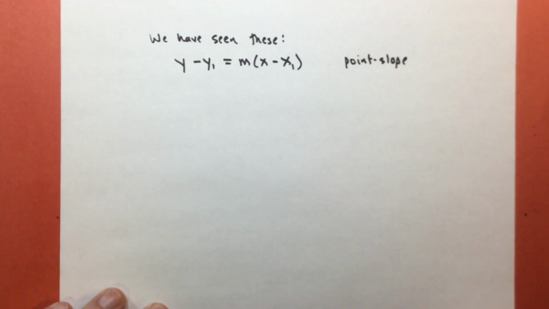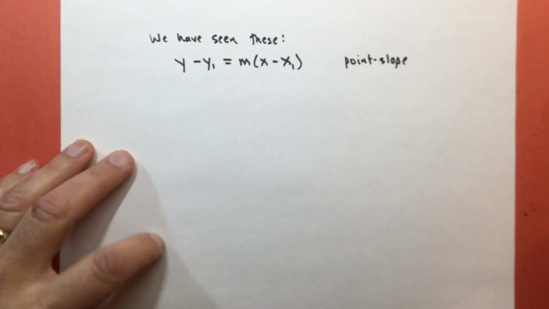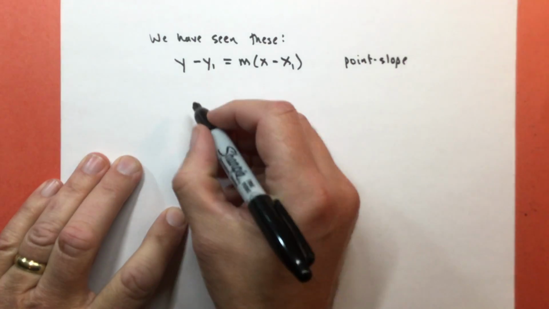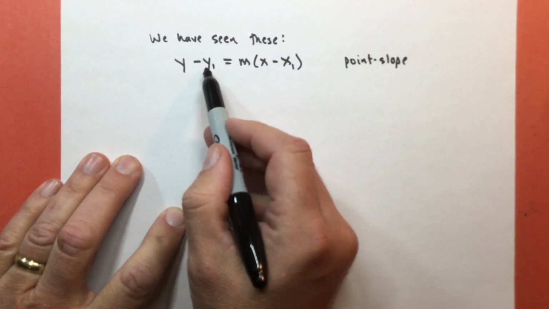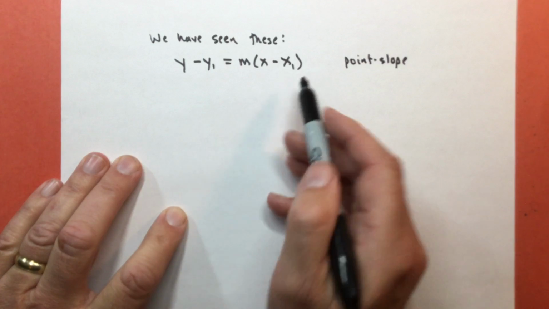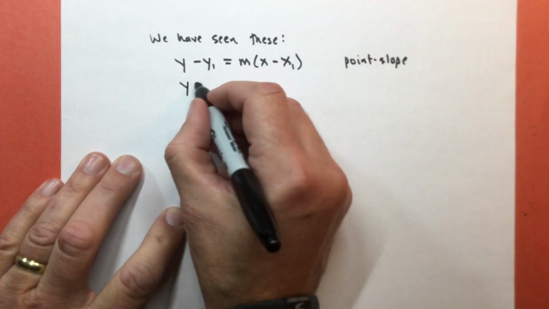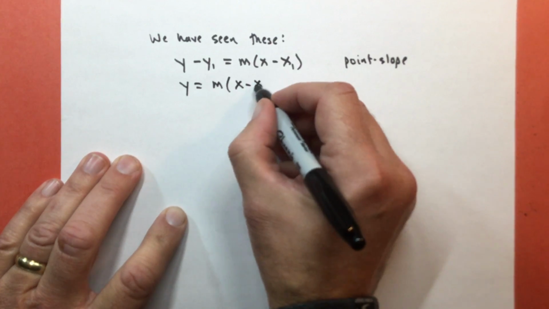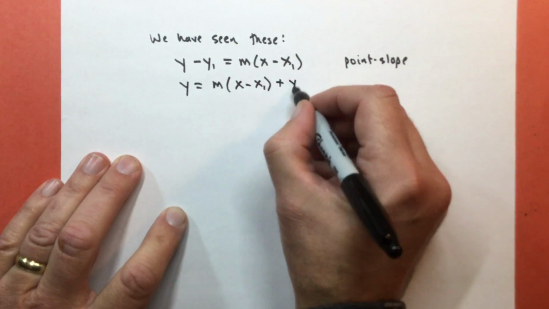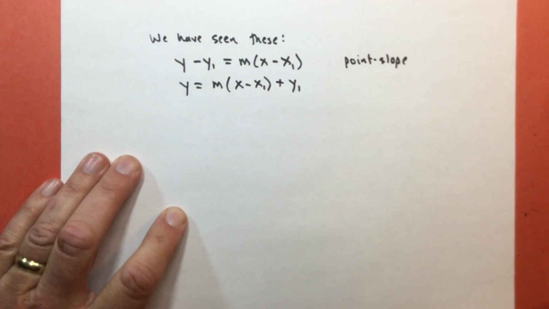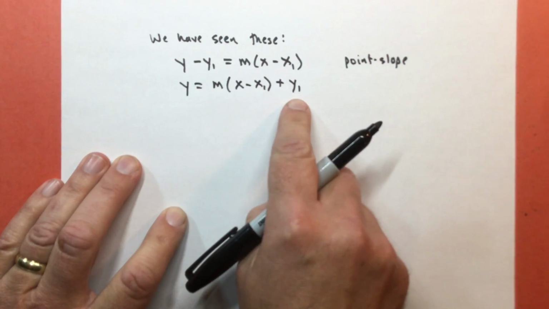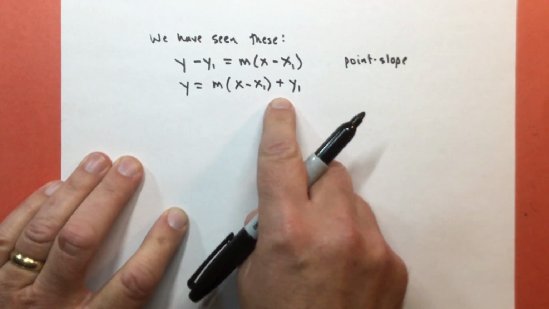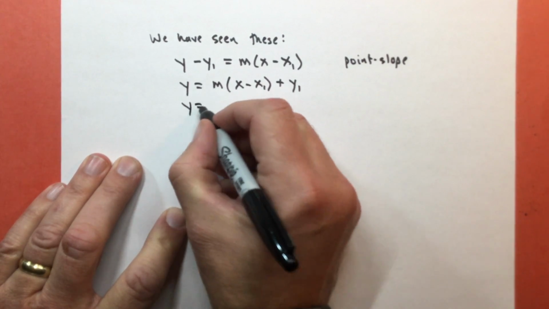Now, in the classes where I teach Algebra 1, I tell them to write this instead. I move this minus y sub 1 over to the other side. So I get y equals slope times x minus x sub 1 plus y sub 1. And this x sub 1, y sub 1, I can actually write it this way.